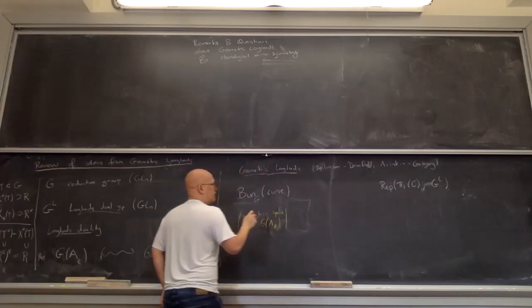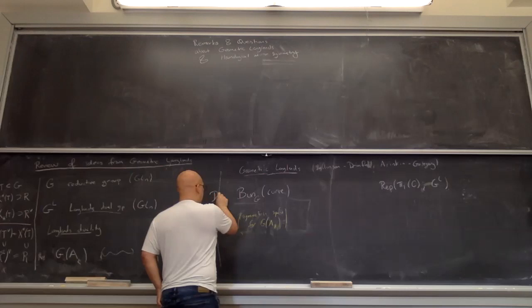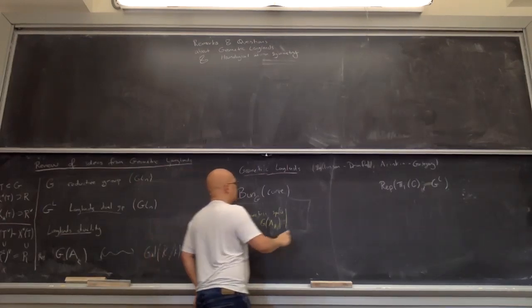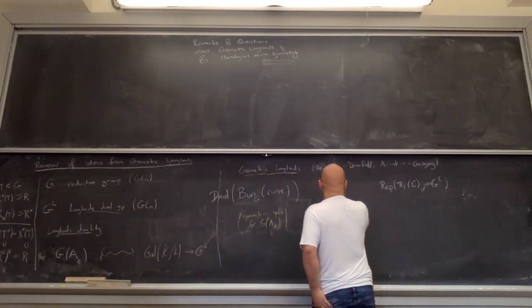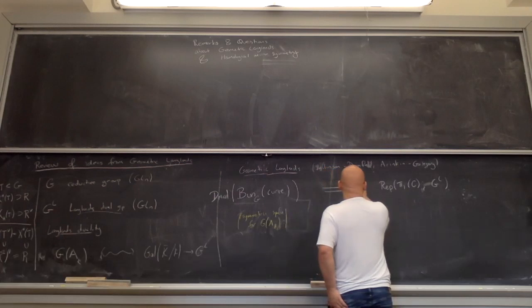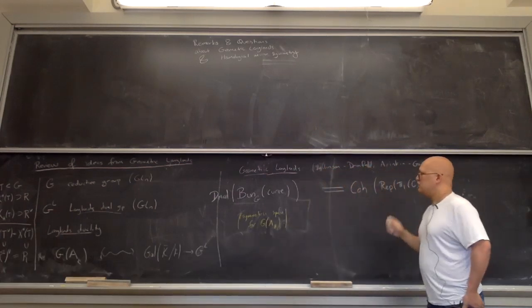But what the relationship is supposed to be is you take D modules on this thing, and this is supposed to have something to do with coherent sheaves on this thing. And that makes sense in this geometric context.